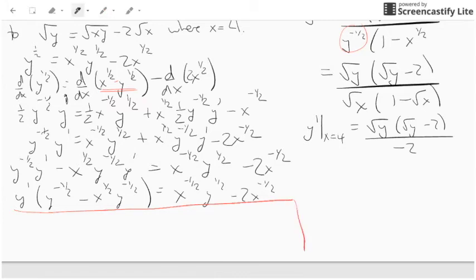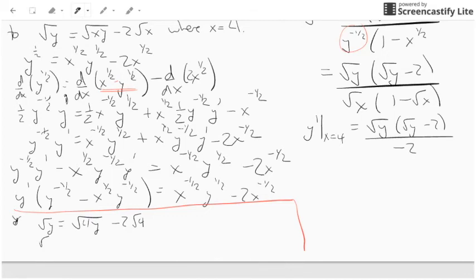This isn't great organization, I apologize for that, but I need to get what y is when x is equal to 4. So root y is going to equal the square root of 4 times y minus 2 root 4. This is going back up to the original equation so that I can figure out what y is so I can plug it into my derivative.